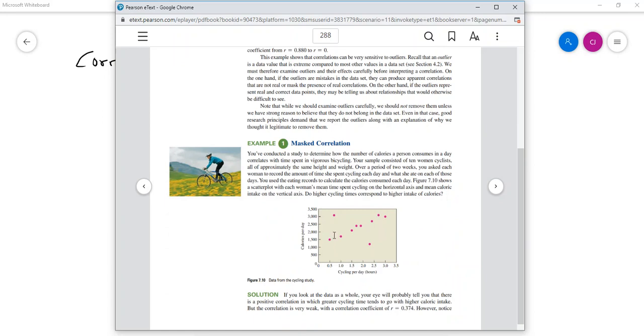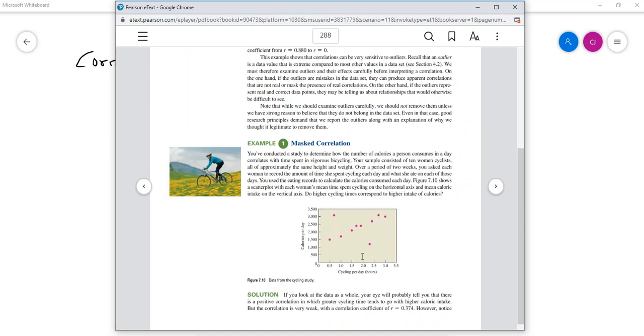And if we look at this, look how tight these points are. So ignoring this one and this one, if we just looked at these points, we would say, wow, that's like a 0.9, 0.95 positive correlation. Very strong, cycling per day in hours and calories burned per day. We would say that's an incredibly strong relationship.